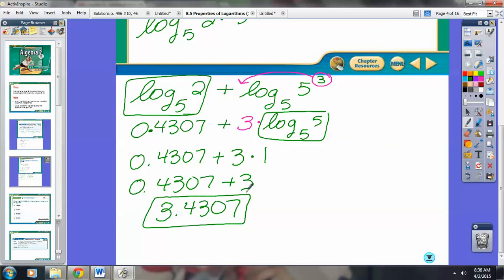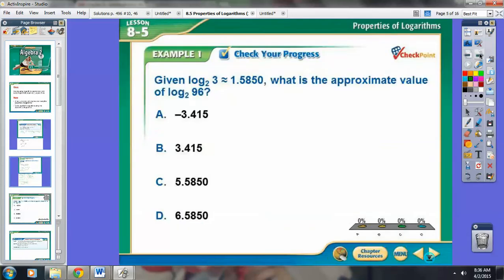Let's look at example 2. Log base 2 of 3 is approximately 1.5850. What is the approximate value of log base 2 of 96? So I want to find what log base 2 of 96 is.